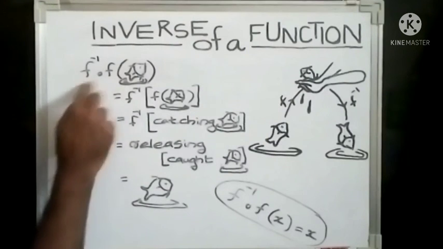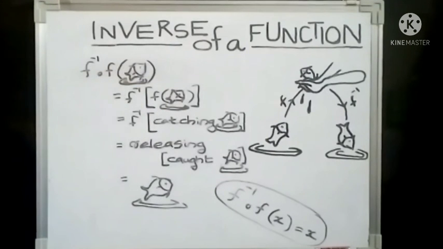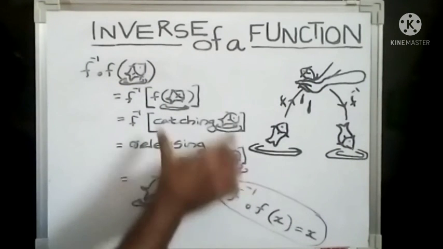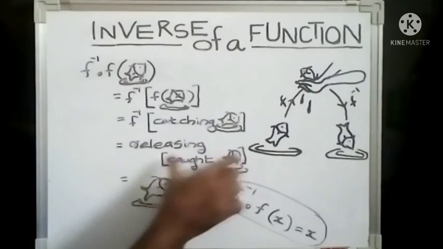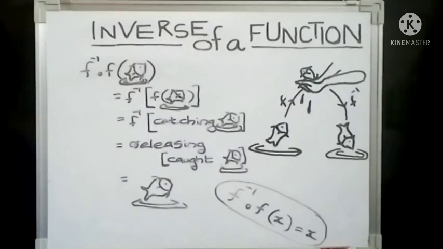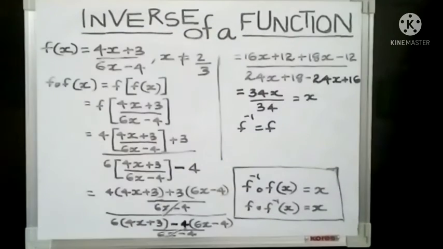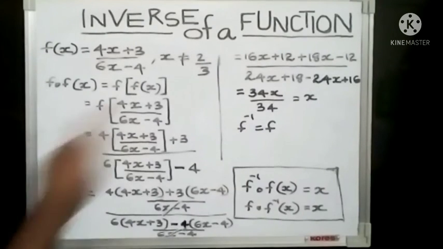Now, f inverse of f of fish in the water: f inverse is releasing the caught fish, and releasing the caught fish is fish in the water itself. We got the initial value itself. I think you are motivated. Thank you. So it is just for a motivation. We have f inverse of f of x equal to x and f of f inverse of x equal to x. Now look at this worked out example.